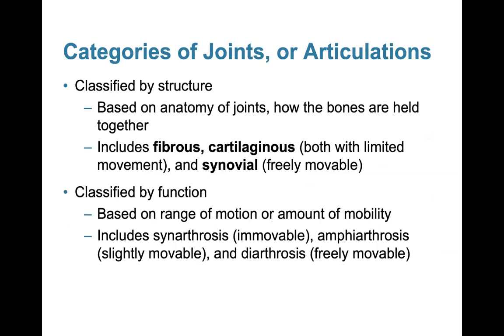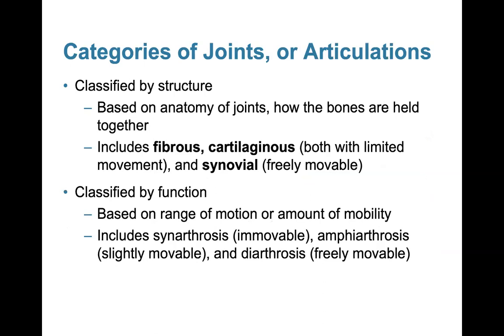All right, so now we're going to just spend a few minutes talking about joints and articulations. Joints are going to be classified on structure. They could either be fibrous, made of cartilage, which would have both limited movement, or synovial fluid, which would give you freely movable.